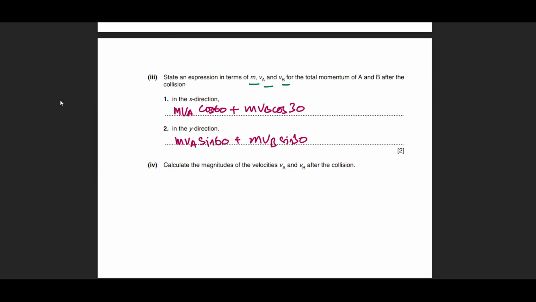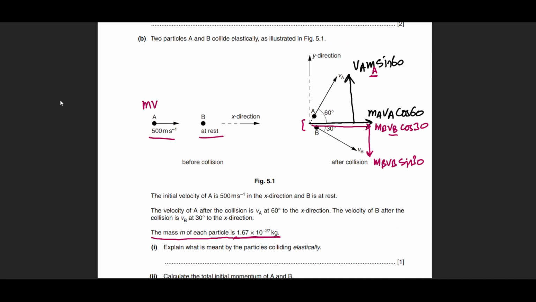Now notice one thing before we start the question. This is the main idea of the two-dimensional momentum question. We know that before the collision, there is only momentum available along the x-axis direction. The particle is not moving up, it's not moving down. There is no y-axis momentum present in the question.